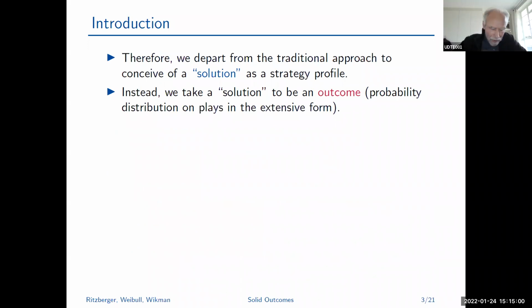All right. So in order to combine the ideas of observability and robustness, we actually depart from the traditional approach to think of a solution as strategy profiles, right? So a Nash equilibrium is formulated as a strategy profile. That's the solution concept. Later solution concepts like strategically stable sets are sets of strategy profiles.